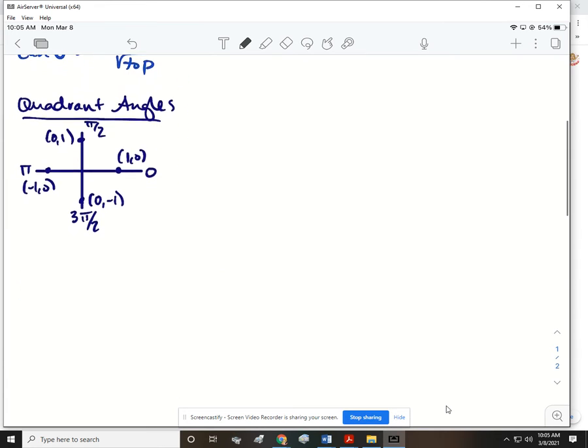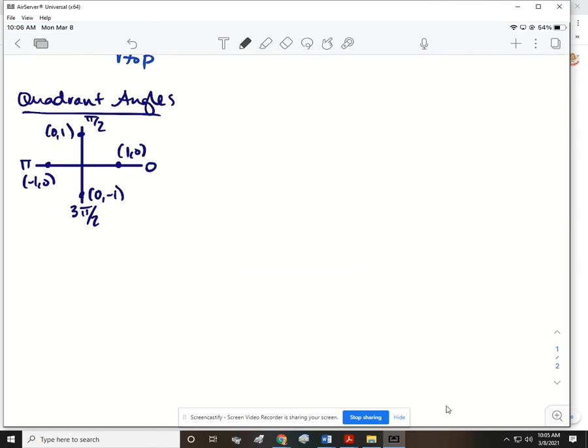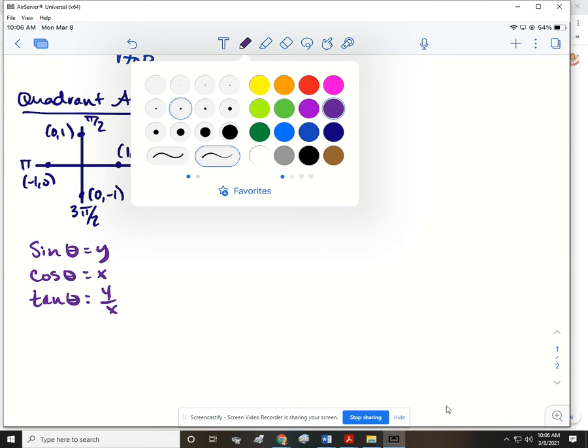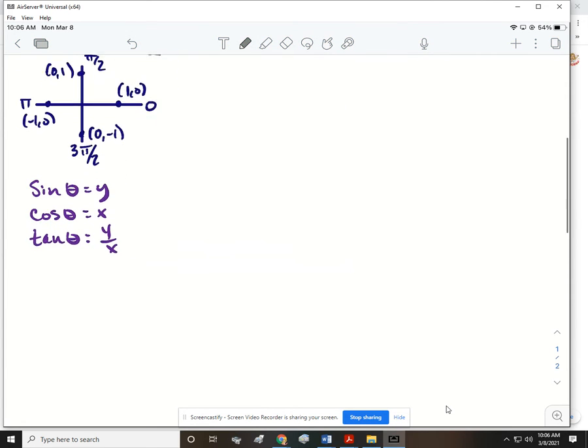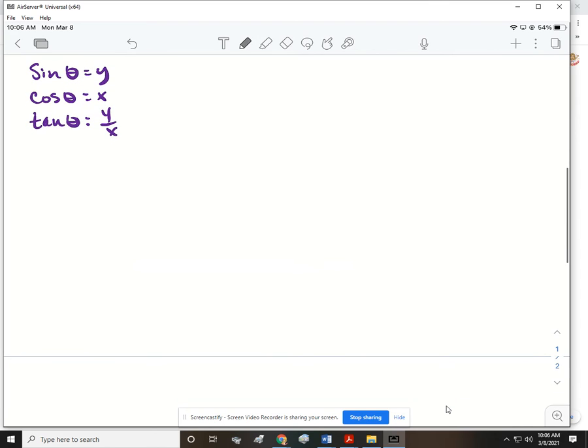All right, so that pi over 2 should be 0, 1. I wrote negative 1 for some reason. And then how we use the quadrant angles. Then we also need to know the fingers that are in different quadrants. So we'll start with pi over 6.